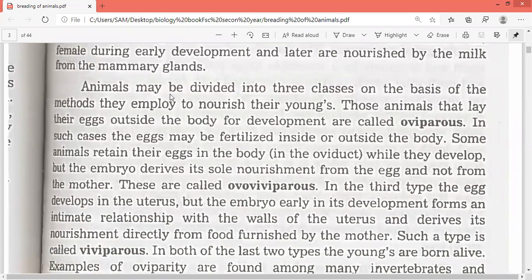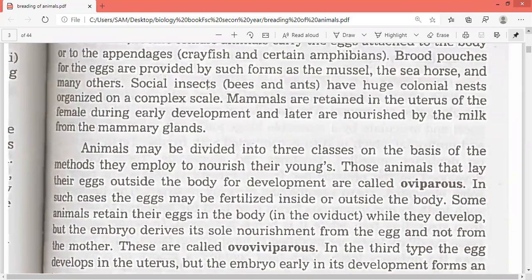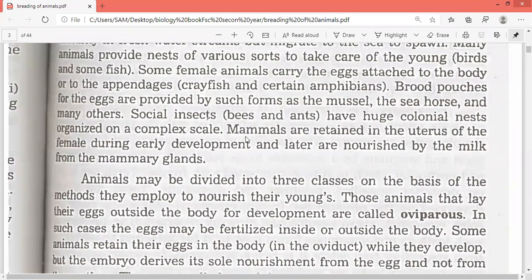Animals may be divided into three classes on the basis of the method they employ to nourish their young ones. So we have divided the animals into three classes, right? We have discussed the crayfish, the amphibians, and the seahorse, which saves the eggs in a pouch-like structure in the belly.